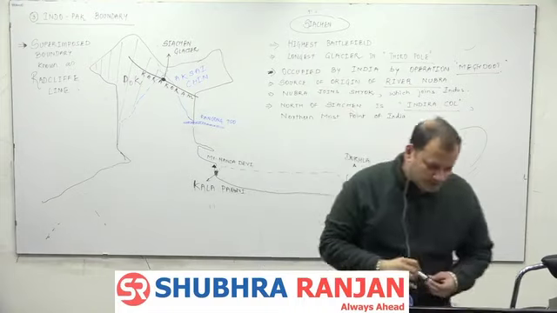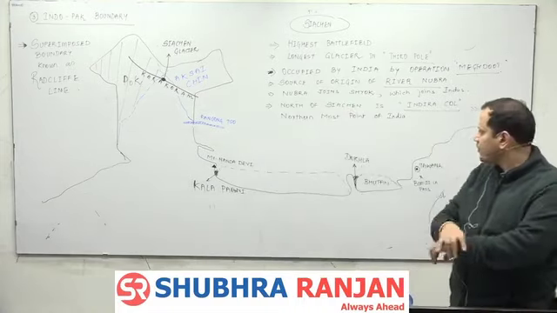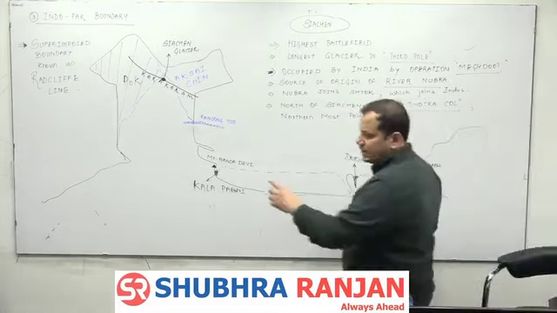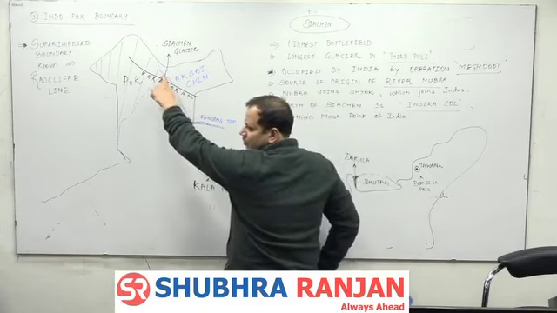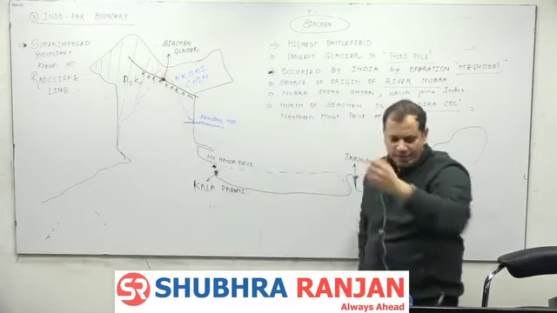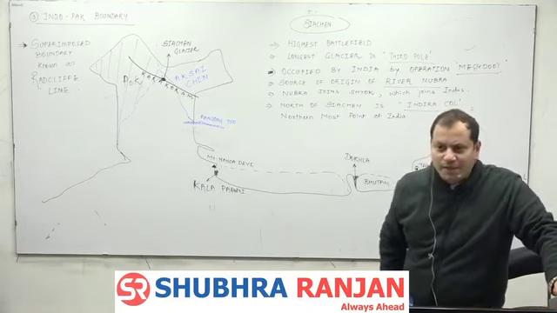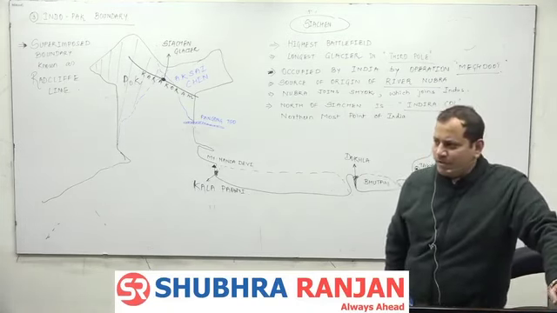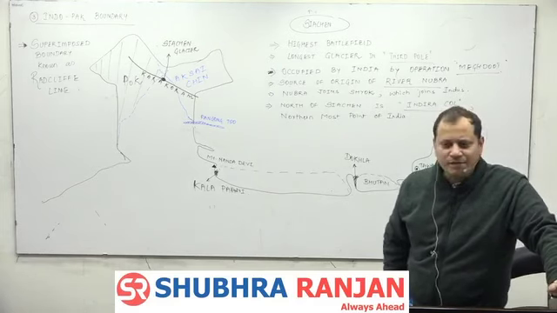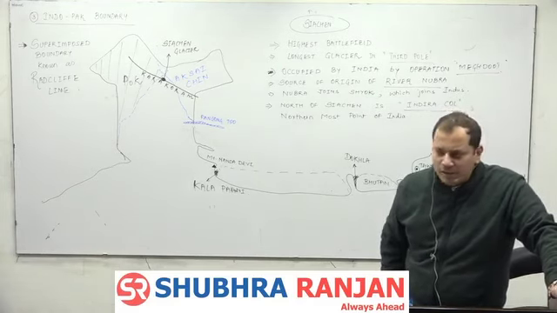Just Siachen glacier के ऊपर यहाँ पे is the Indira Col, which is the northernmost point of Indian Union. Still under India. Why Indira Col? Because ये ऑपरेशन मेघदूत इंदिरा गांधी ने किया था, and therefore उससे पहले this part was not with us.